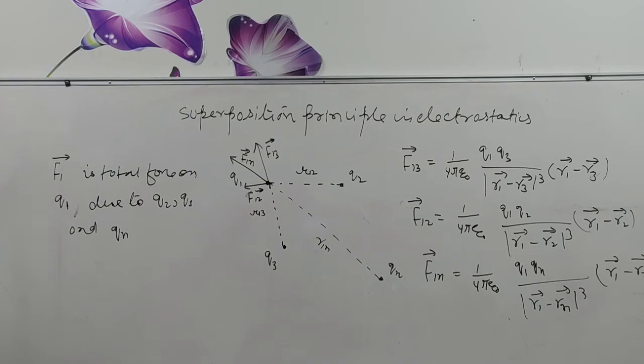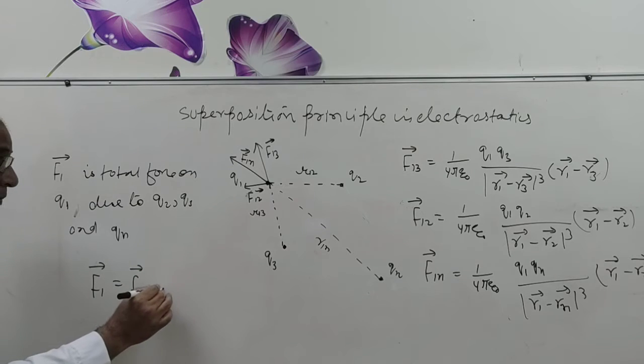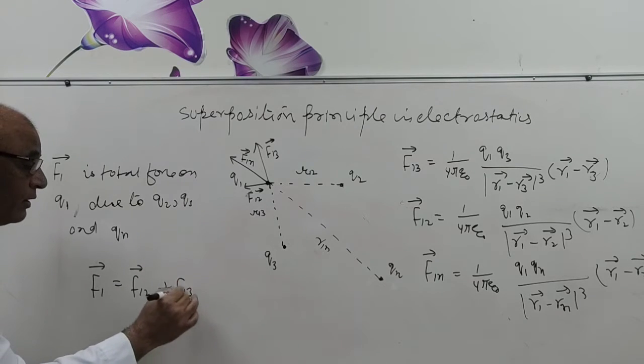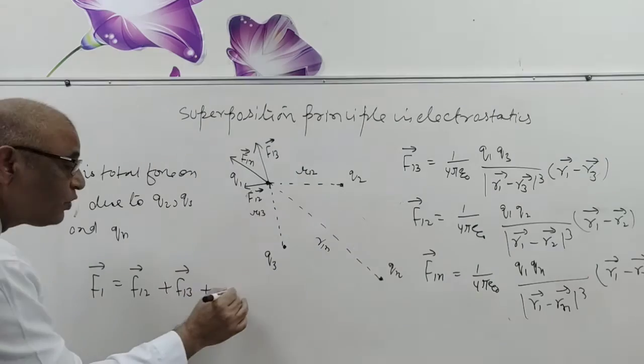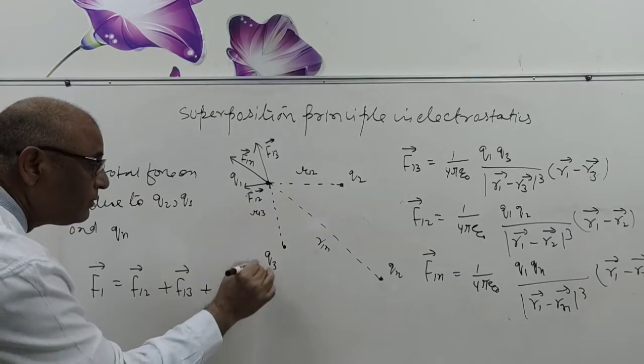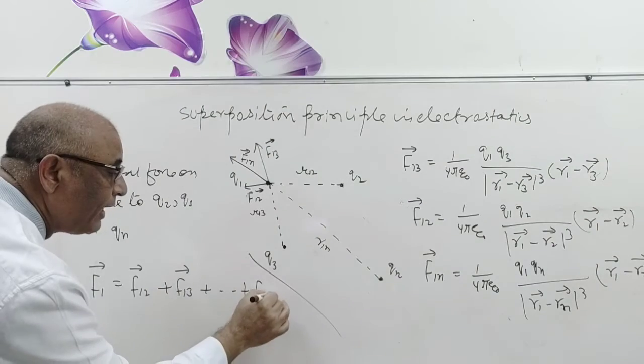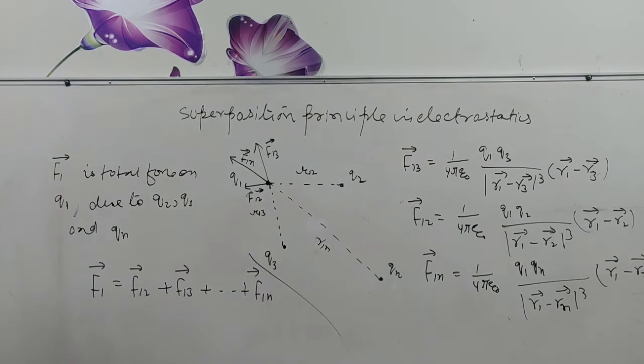By the vector law of addition, F1 vector equals F12 vector plus F13 vector and so on, plus F1n vector. In terms of position vectors, F1 vector equals 1 upon 4 pi epsilon naught.